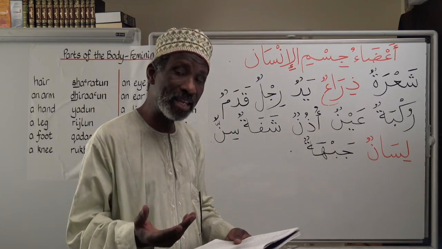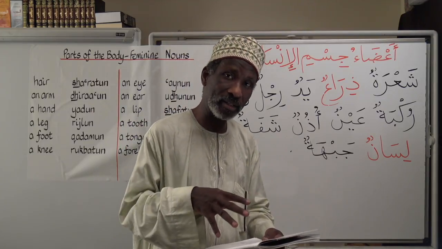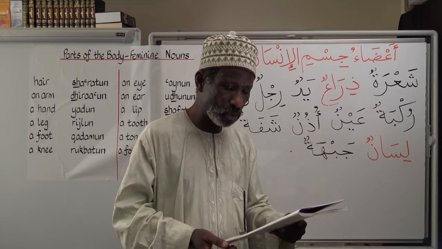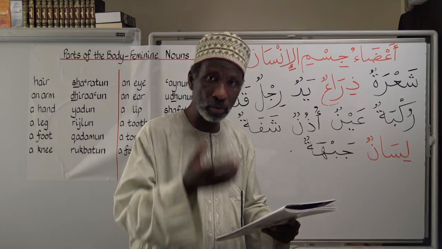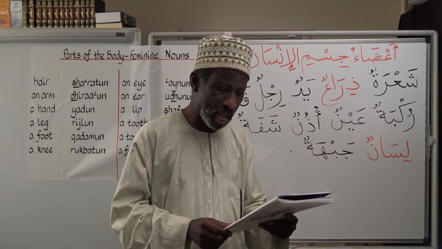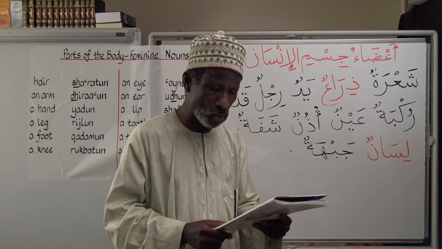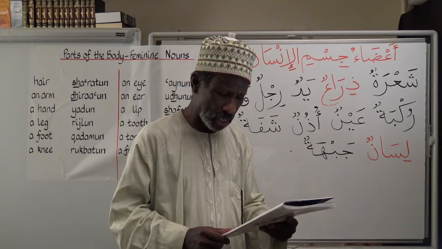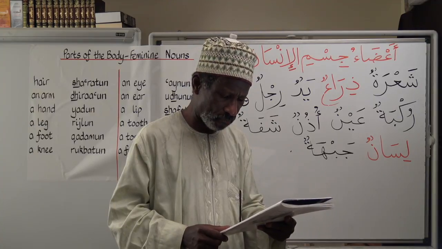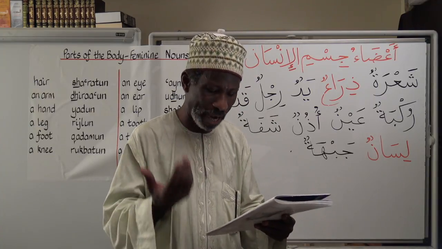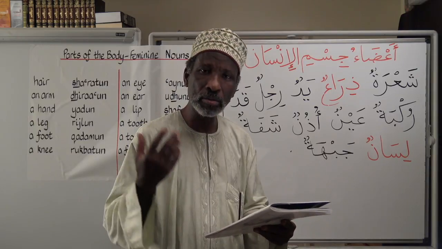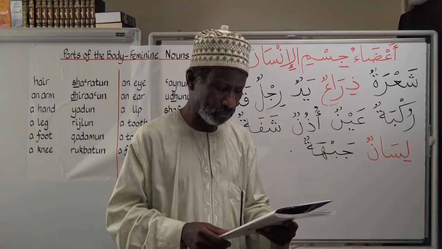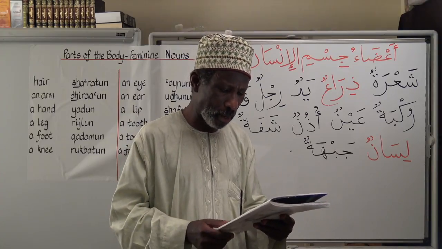But in the masculine list, ra'sun is only one head. Wajhun, only one face. Anfun, one nose. Famun, one mouth. Unuqun, one neck. Dhahrun, the back is one. Sadrun, one chest. Batnun, one stomach.